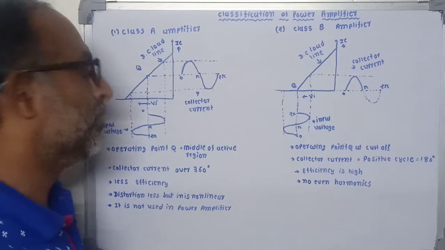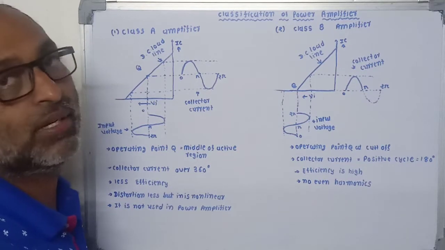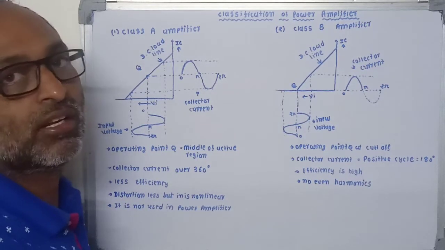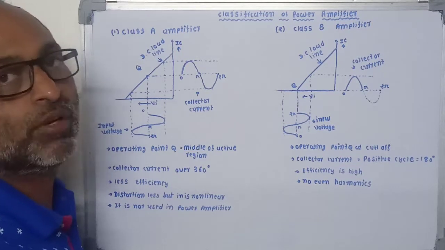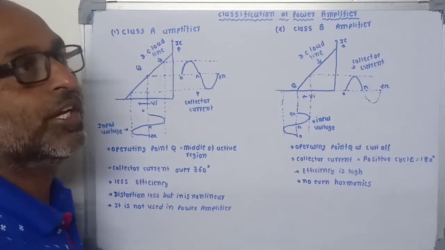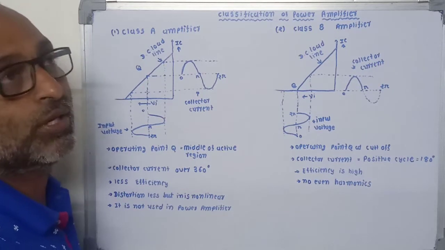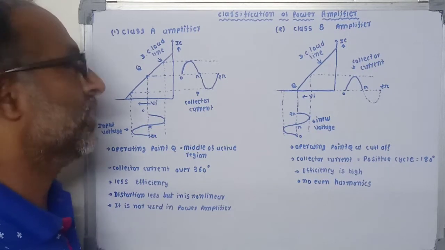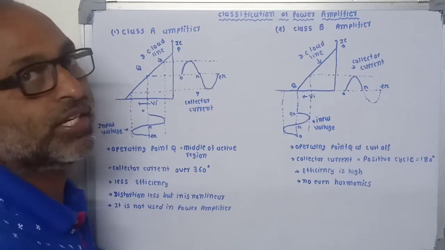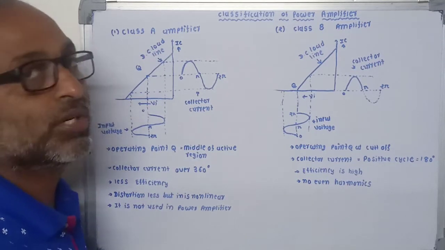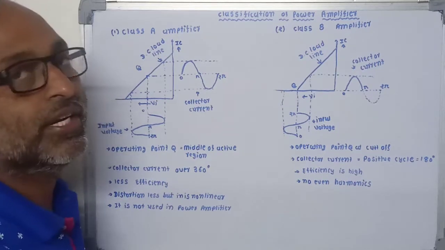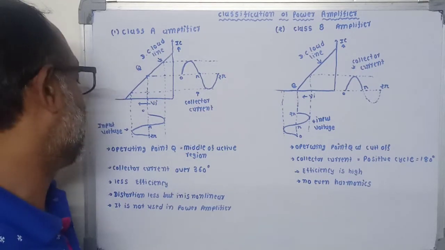But the efficiency of this amplifier is less because the collector current ICQ flows from the supply even when the input signal is 0. Due to this reason, this amplifier is not used as a power amplifier. In this amplifier the distortion is less, but it is a non-linear distortion.